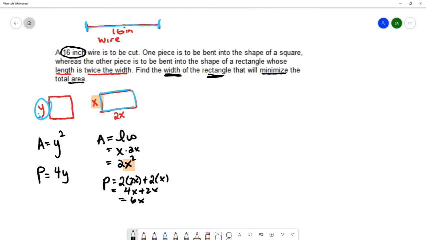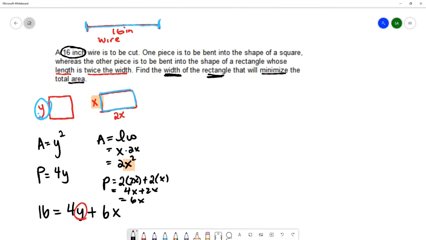Because I'm starting off with this 16-inch wire, the perimeter of the square plus the perimeter of the rectangle have to equal that 16 inches that we started with. So I'm going to be able to solve for y.